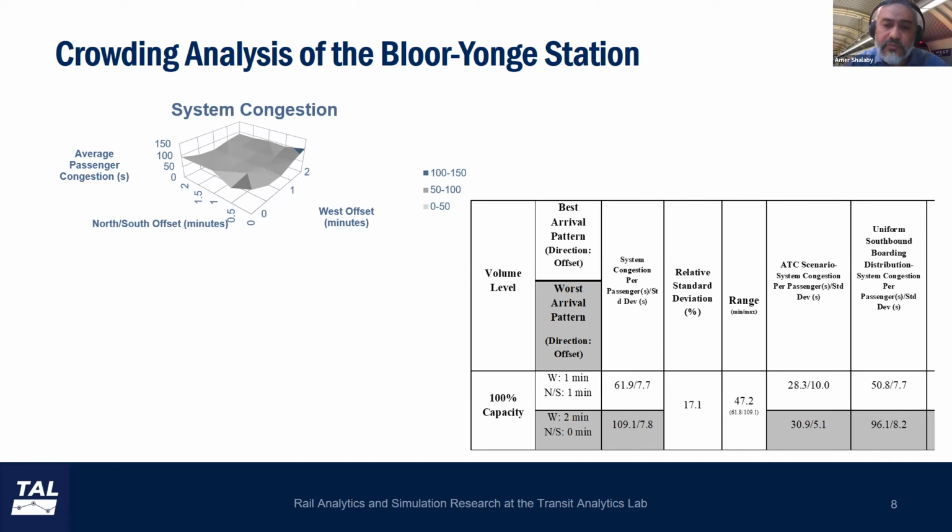And we found that for the best case scenario, when the trains arrive in a staggered fashion, 1 minute between trains on different platforms, we can reduce that amount of time in level of service F per passenger even further using ATC and passenger flow distribution along the platform. This gives you an idea of the capabilities of NEXUS in modeling those complex settings.